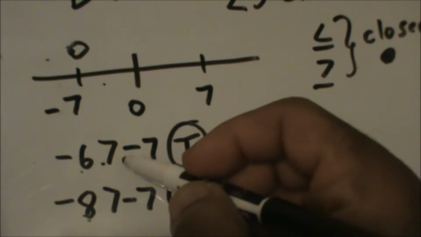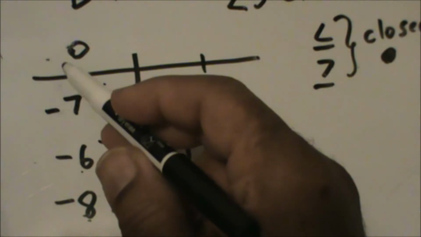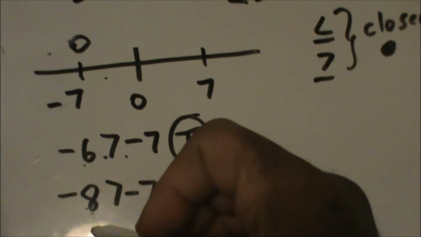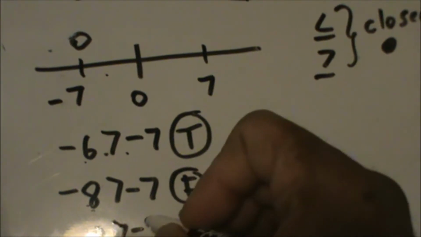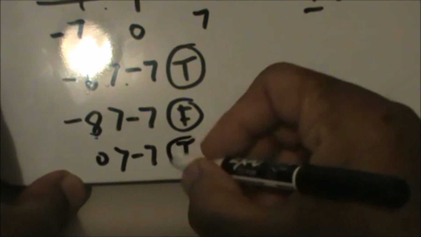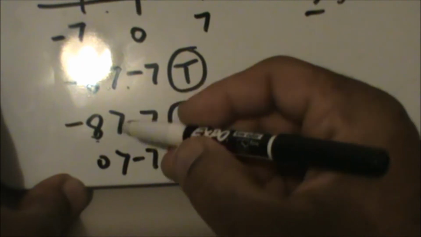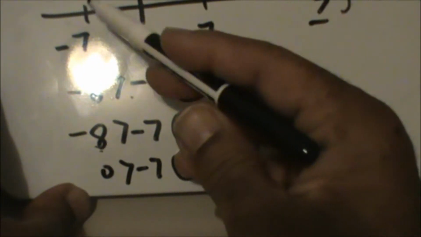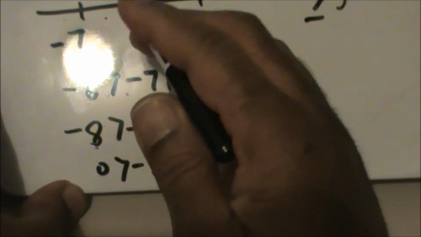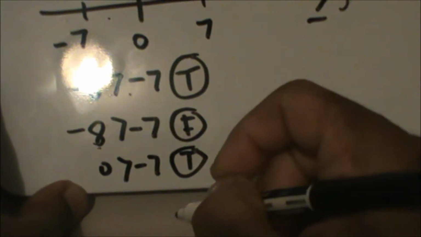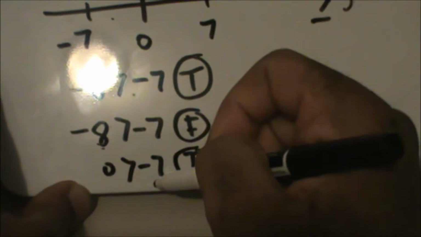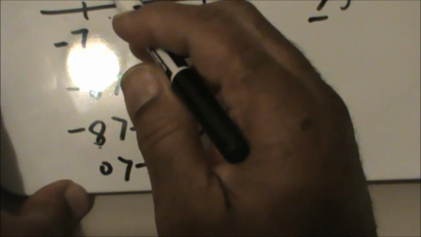If we test it again, is 0 greater than negative 7? That is true. So using a series of values, we see that the numbers greater than negative 7 are going to the right.